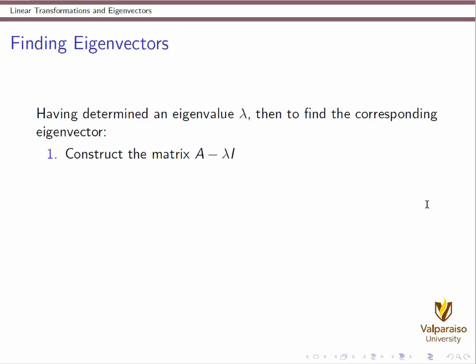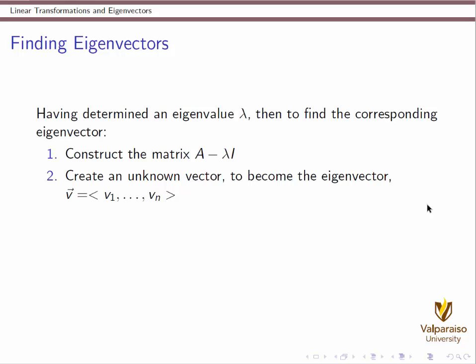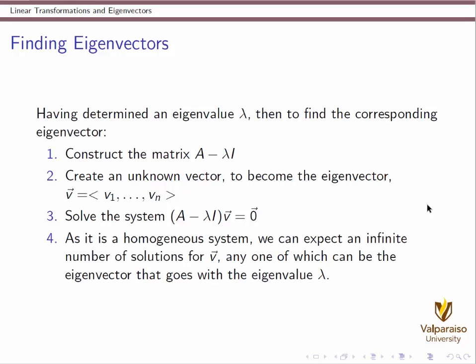Having found out what those eigenvalues are, then we're going to move to finding their partner eigenvectors. We will return to our friend A minus lambda I. We're going to make up an unknown eigenvector, and we'll just call its components v1 to vn in the meantime. And we want to load it up and discover, with a particular eigenvalue in mind now, again, how does this system work out?